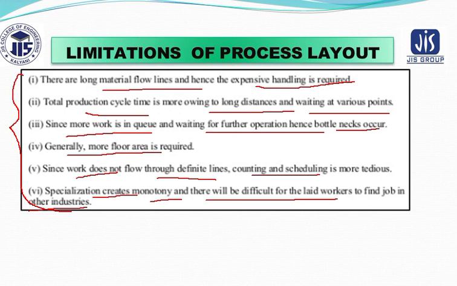Since more work is in queue waiting for further operation, bottlenecking also occurs. Generally, more floor area is also required. Since work does not flow through a definite line, counting and scheduling is more tedious. So here we come to a conclusion of the limitations of process layout.